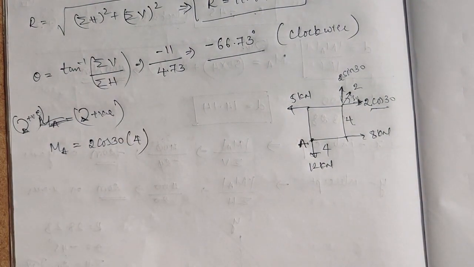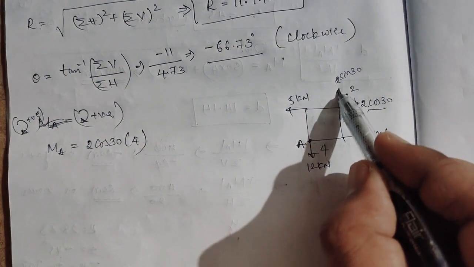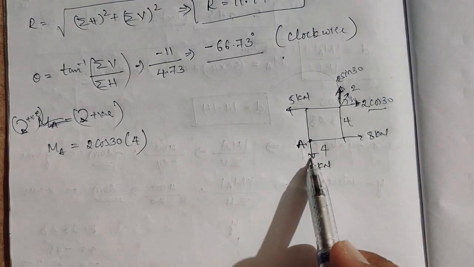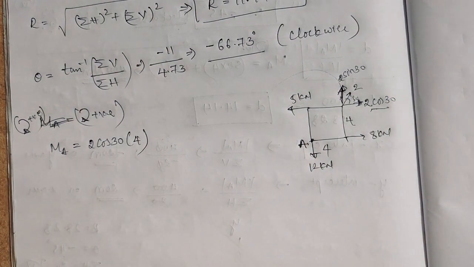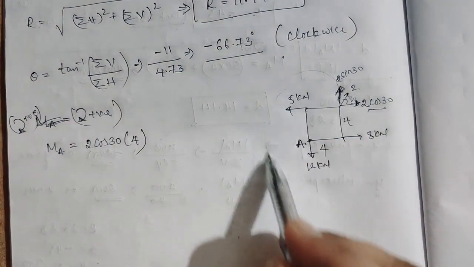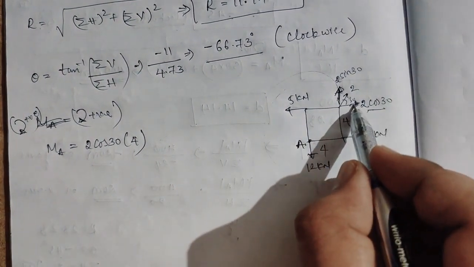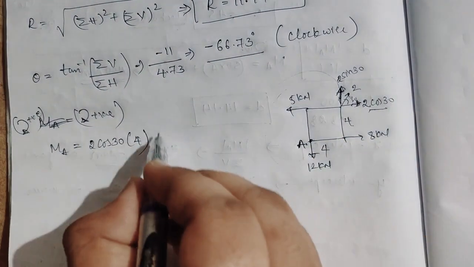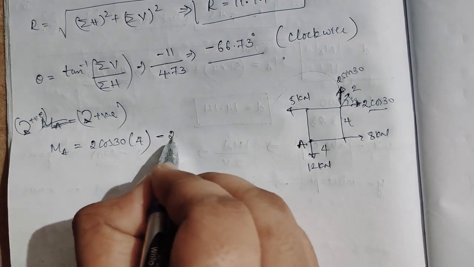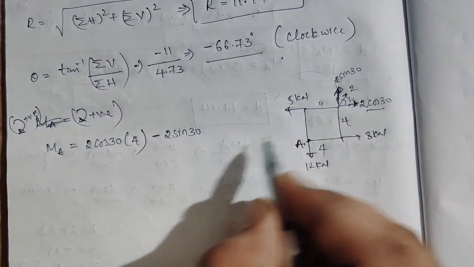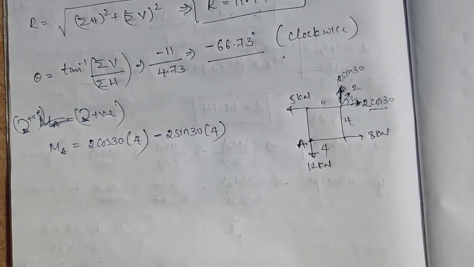Fine. Next, this upward force will go anti-clockwise about A. This will go clockwise, this will go anti-clockwise. So minus 2 sin 30 degree. What is the distance? 4, perpendicular distance 4.